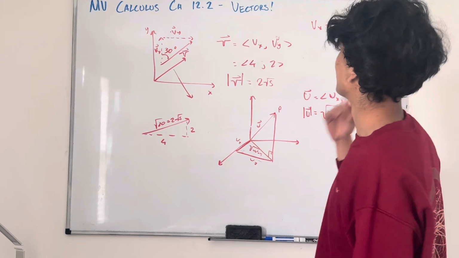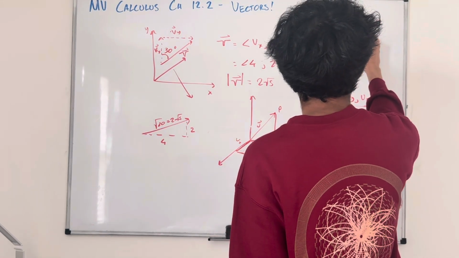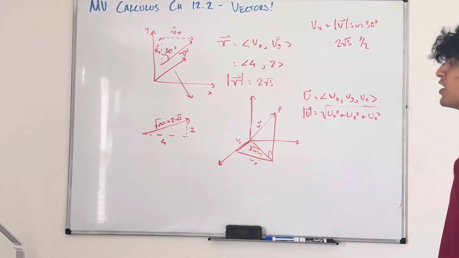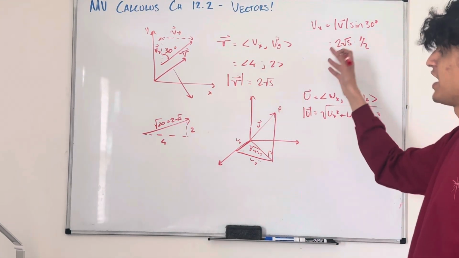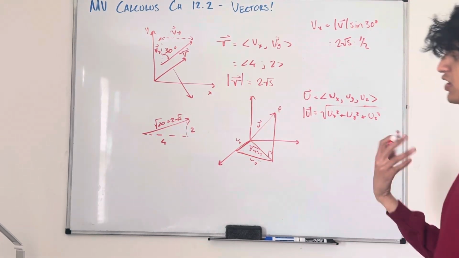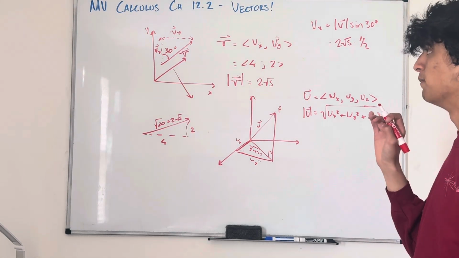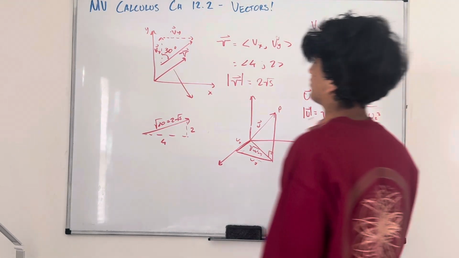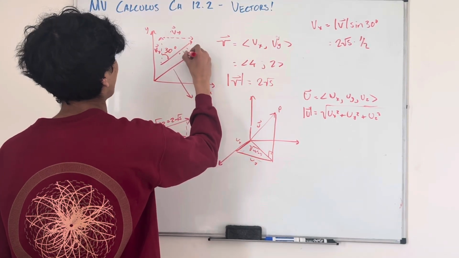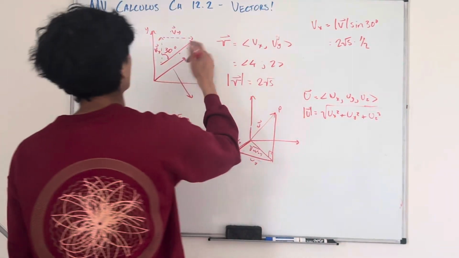I was going to do 2 root 5 times 1/2, and I was like, wait, that isn't equal to 4. Well, it's impossible. This wouldn't be equal to 30 degrees. It might be a little bit less, might be a little bit more, but it wouldn't be equal to 30. So I guess we should really, let's just change it up and call this w.